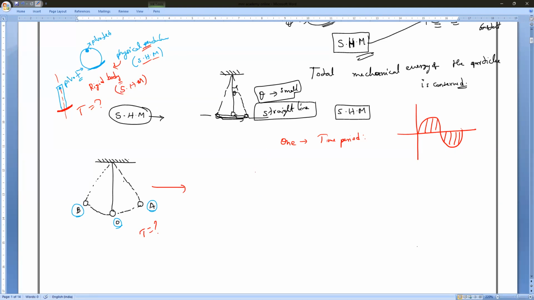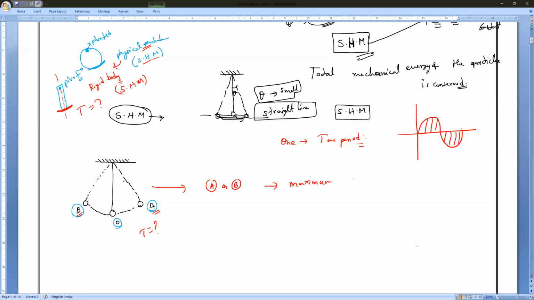The simple pendulum oscillates in to-and-fro motion. The time taken to complete one complete oscillation, one complete to-and-fro motion, is called the time period. Is it right or wrong? And when the bob is at either point A or point B, we say it is at maximum displacement.